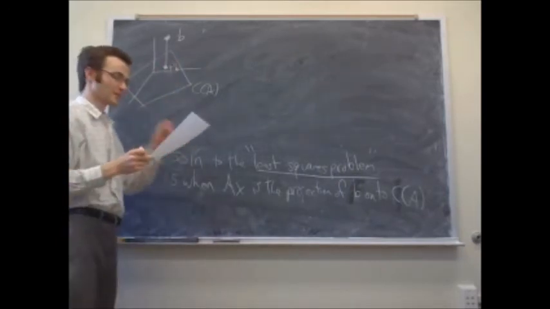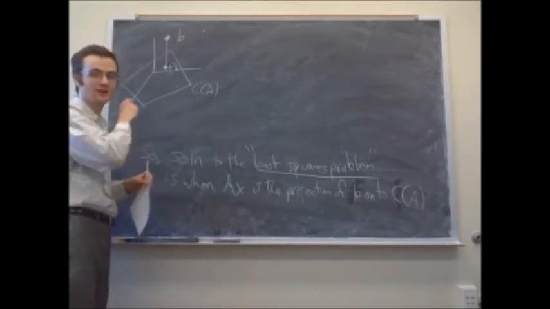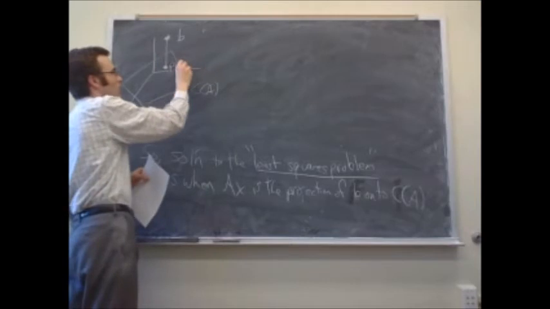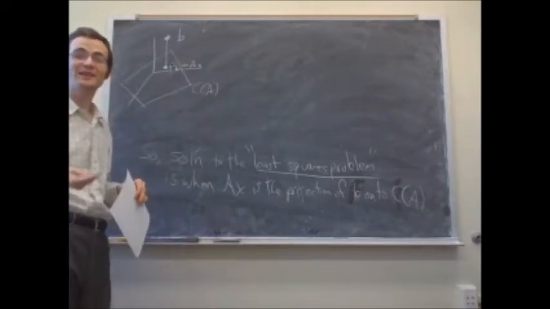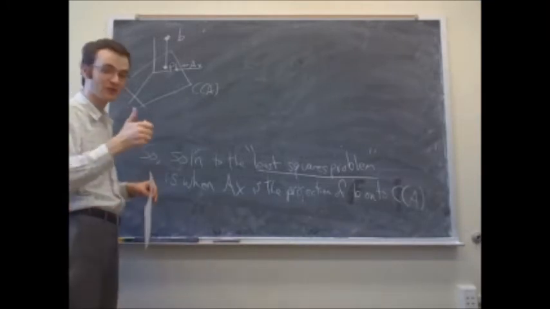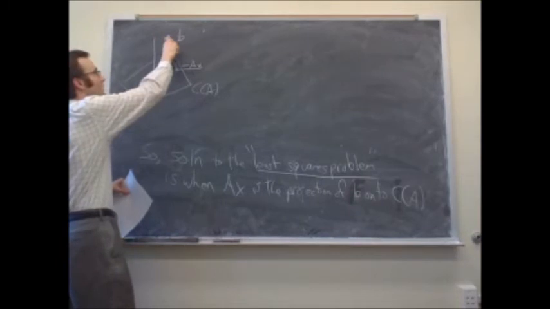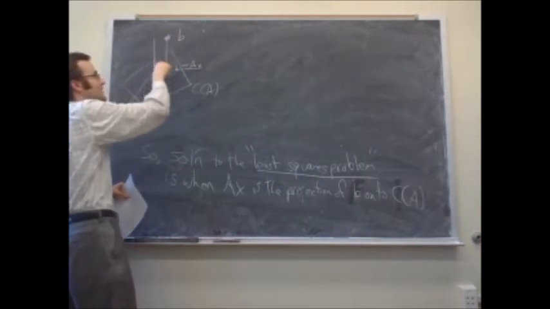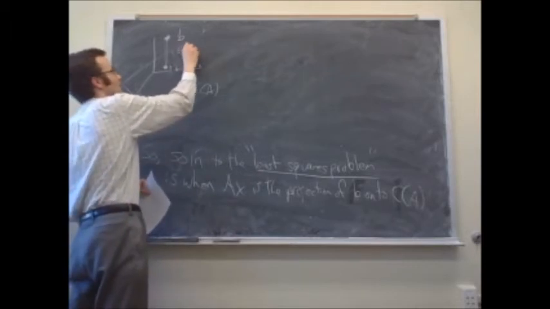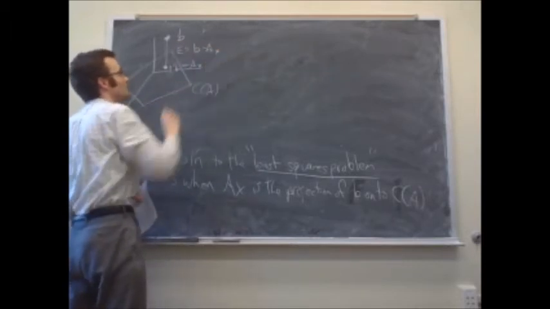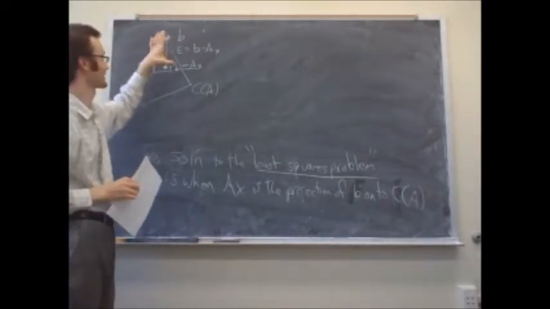Now, this projection, remember, is what we want A times X to be equal to, which is great. So this vector here is the error, because the error is B minus AX, this vector minus this vector, exactly.